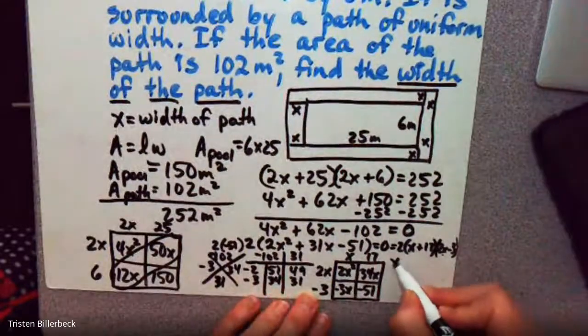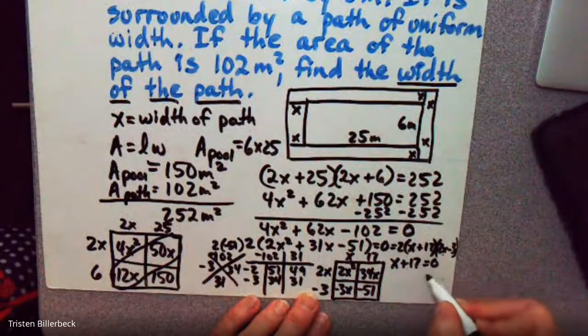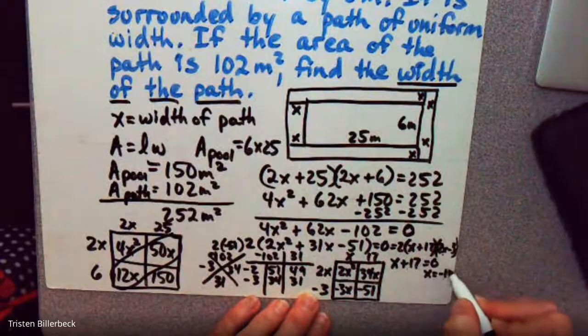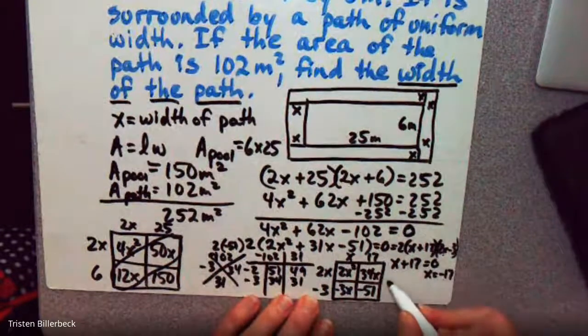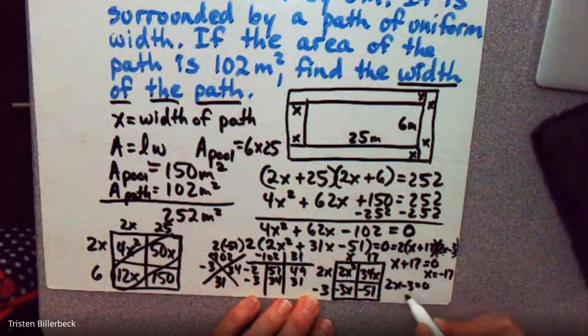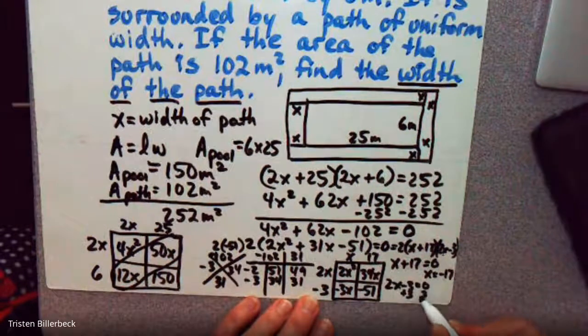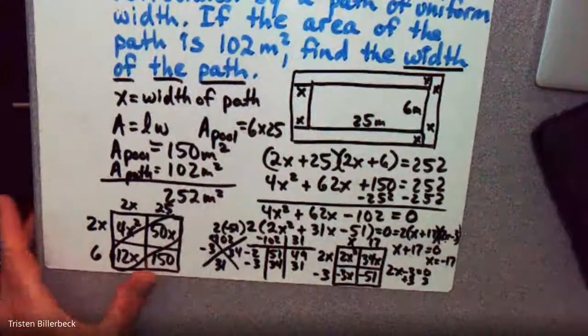So x plus 17 equals 0. That means x has to be negative 17, but that doesn't make sense because you can't have a negative width. But if we take 2x minus 3 equals 0 and add that 3 to the other side, let me grab another board really quickly.